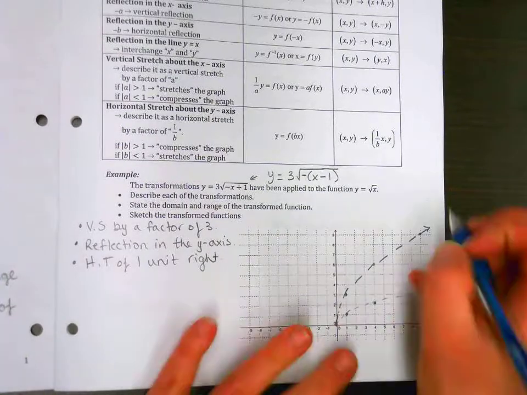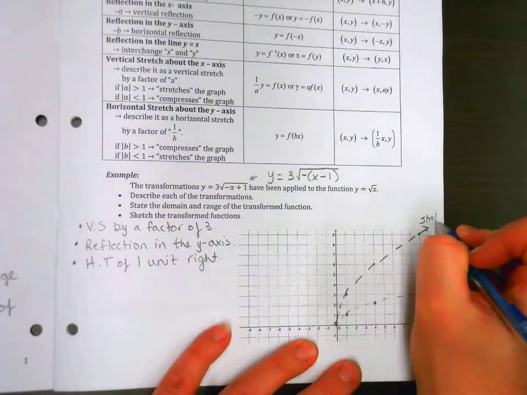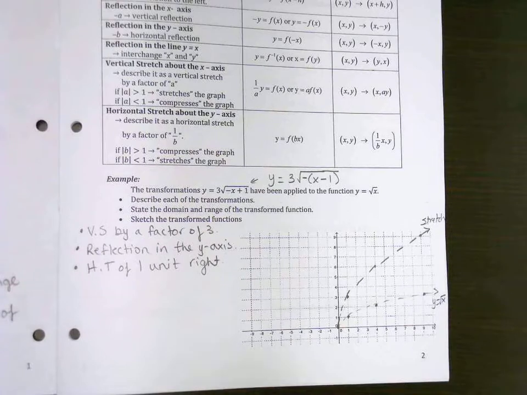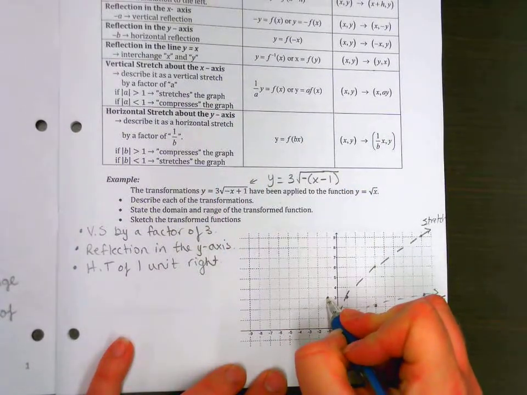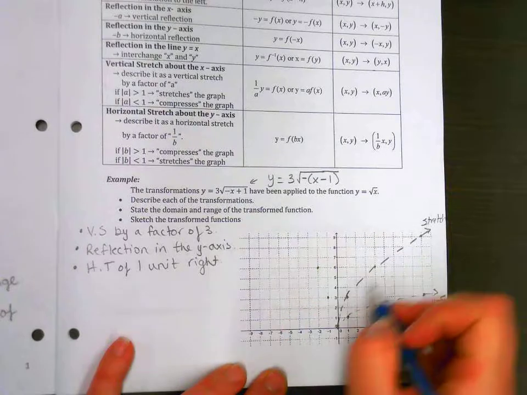Now I'm going to reflect this graph across the y-axis. So now those points would be here.